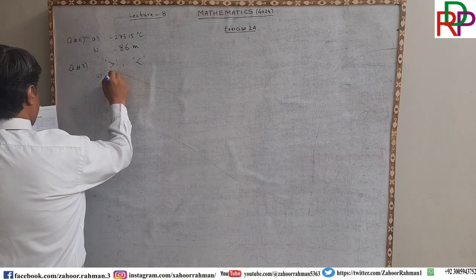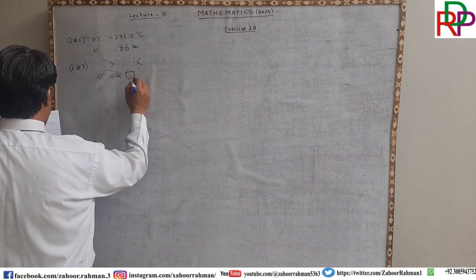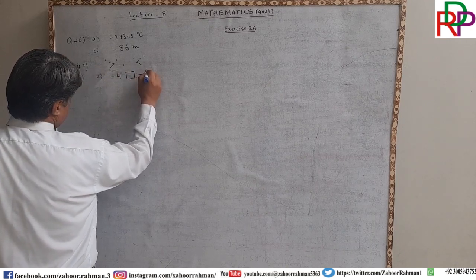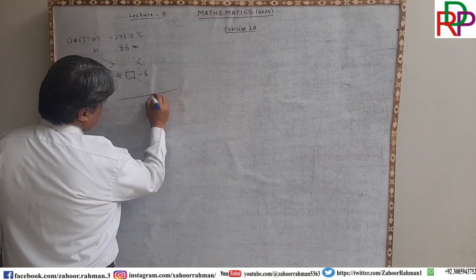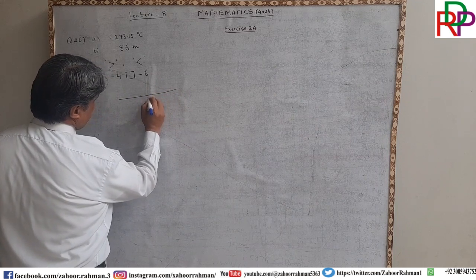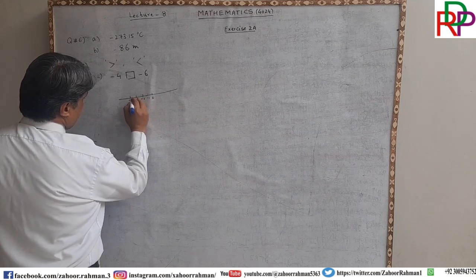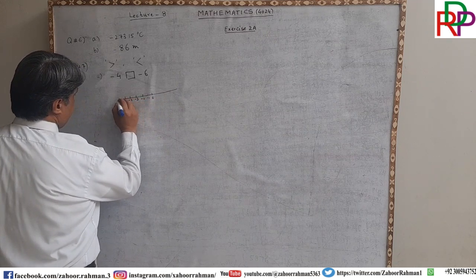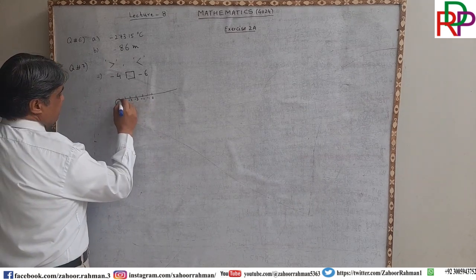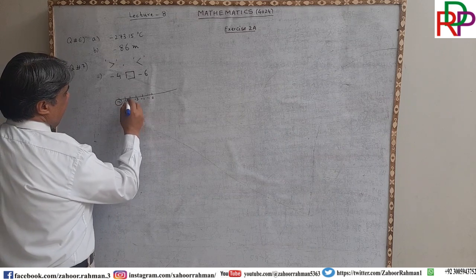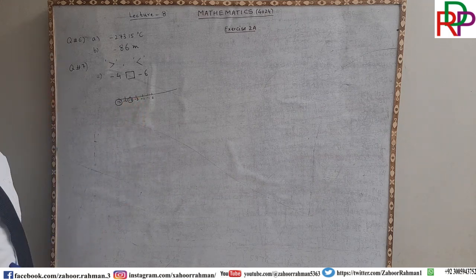Okay, in A part they are saying minus 4, they have given an empty box, and then minus 6. If we represent these numbers with minus 1, minus 2, minus 3, minus 4, minus 5 and minus 6, you can see that minus 6 is on the left side of minus 4.